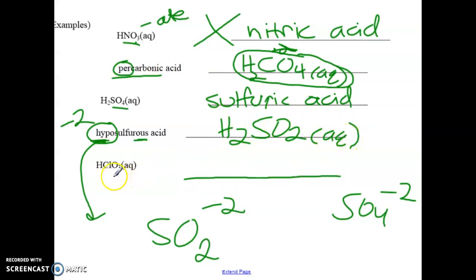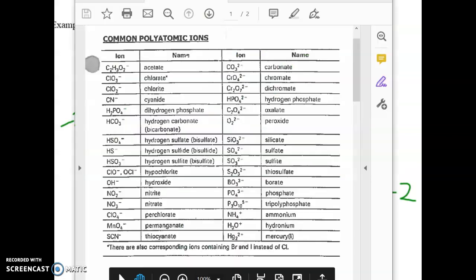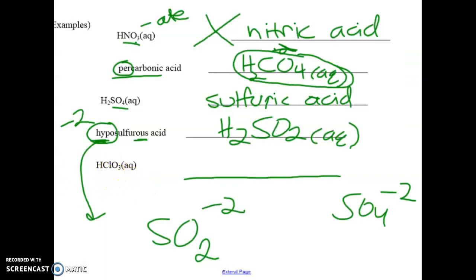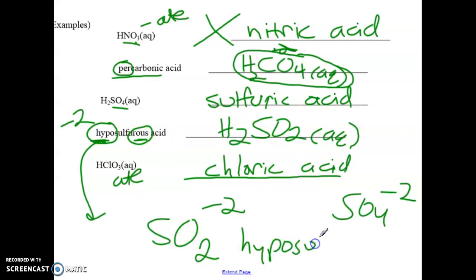Okay, so over here we have ClO3, right? If you're ever unsure, always look in your polyatomic ion chart. ClO3 is chlorate, so this is going to be chloric acid. It ends in ate, so it's going to be ic. See how this one was sulfite, hyposulfite, so the ite became ous acid.